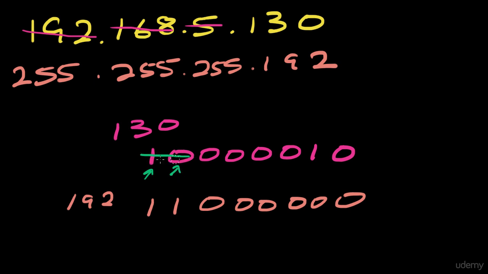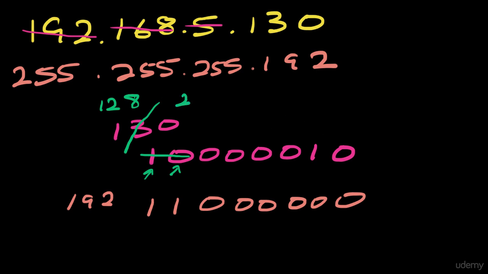So these 2 bits equate to 128. My network ID, therefore, this 130 is being split in 2. 128 is network ID. And the bits that have been left uncovered, the value that they carry is part of host ID. What value do they carry? Well, we have a 1 here in the 2 position, so host ID is 2.